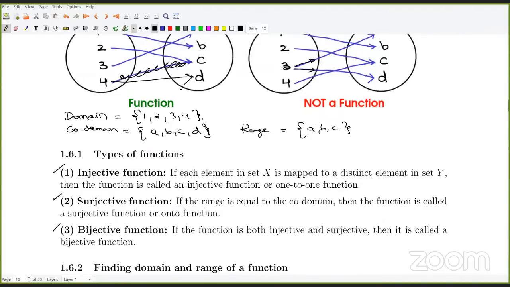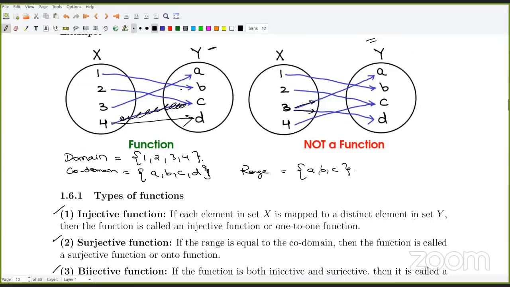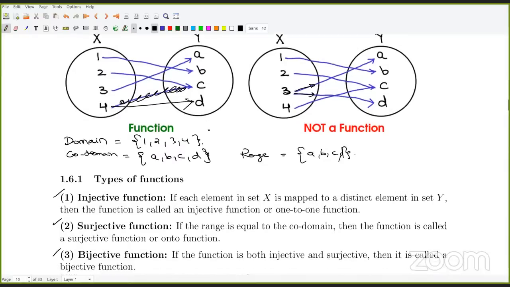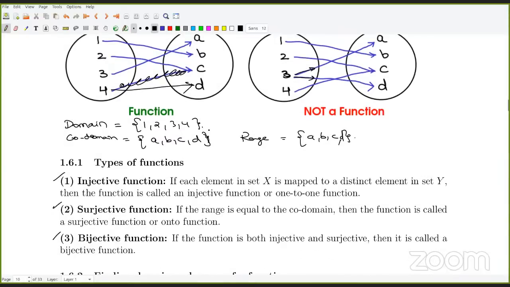Sir, just like you showed, if 4 is mapped to D, then it is also a surjective function because codomain and range become the same. Correct. Then the same example becomes surjective. Now the range will be A, B, C, D, which is equal to the codomain. So this particular function is injective as well as surjective. If a function is injective and surjective at the same time, that particular function is called a bijective function.